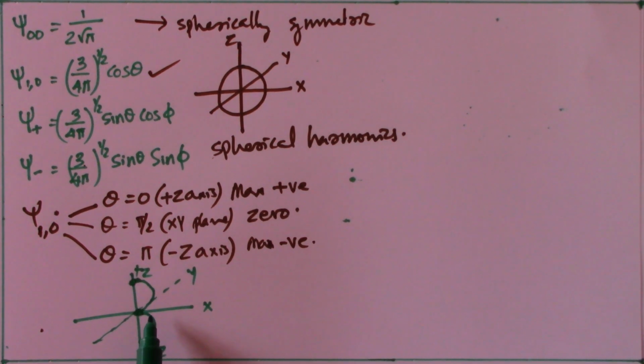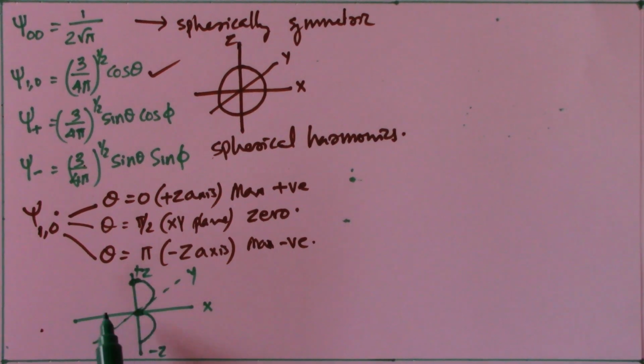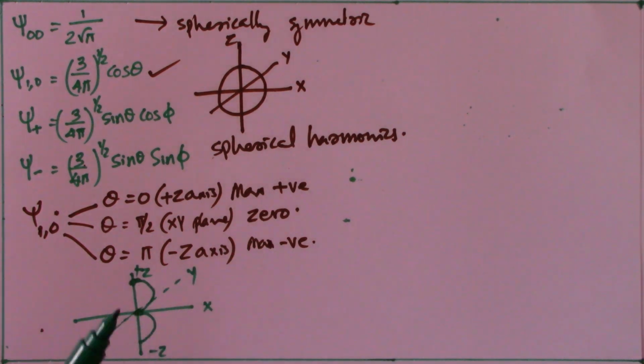So if you are rotating this semicircle about the z axis, perpendicular to the xy plane, over the entire range of phi, then since it is independent of phi, the value is not going to change. It means that this semicircle will rotate about the z axis over the entire range of phi without any change in the value, because it is independent of phi.